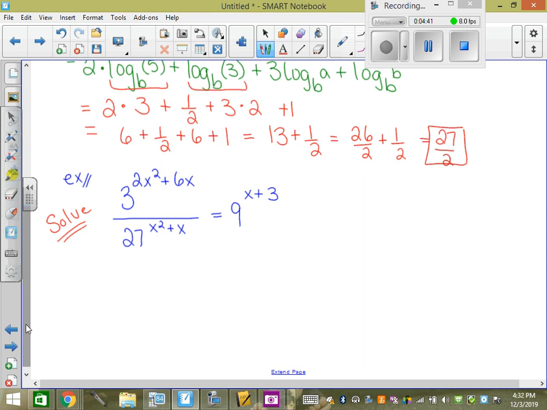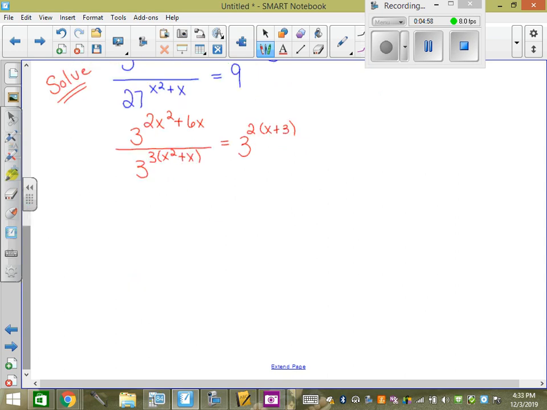I can make them all be base 3. 27 is 3 to the 3, and 9 is 3 squared.